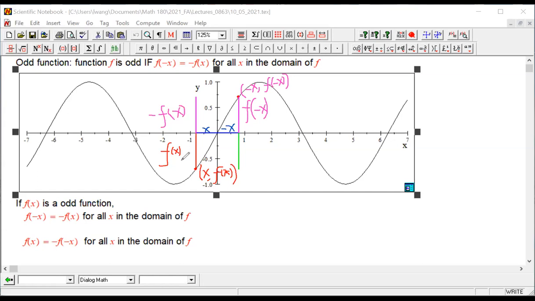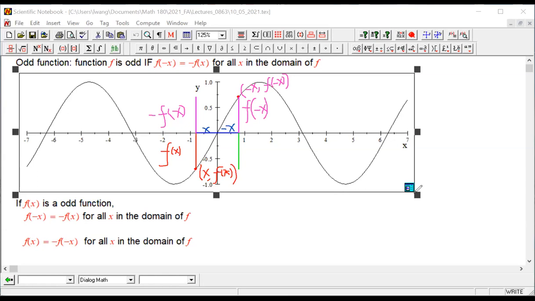So that's the algebraic expression. Do you guys follow me? One is the visual: this red turned into the purple. And because this red is f of x, you put a negative sign in front of it, it becomes negative of f of x.